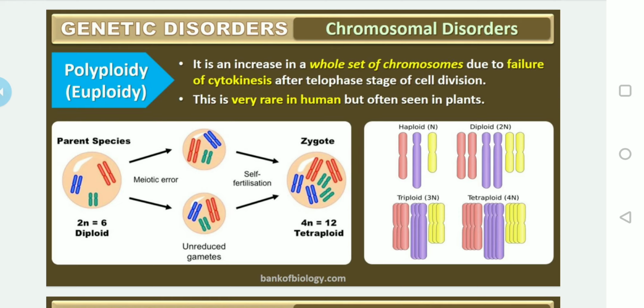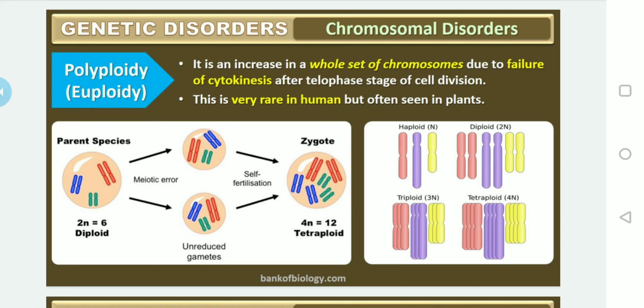Nowadays also, for good purposes, they are using the technique of induced polyploidy, but there is also abnormality. So just observe here, the parental species, 2n is equal to 6. Then meiotic error happens: unreduced gametes go as they are. And with self-fertilization, what happens?